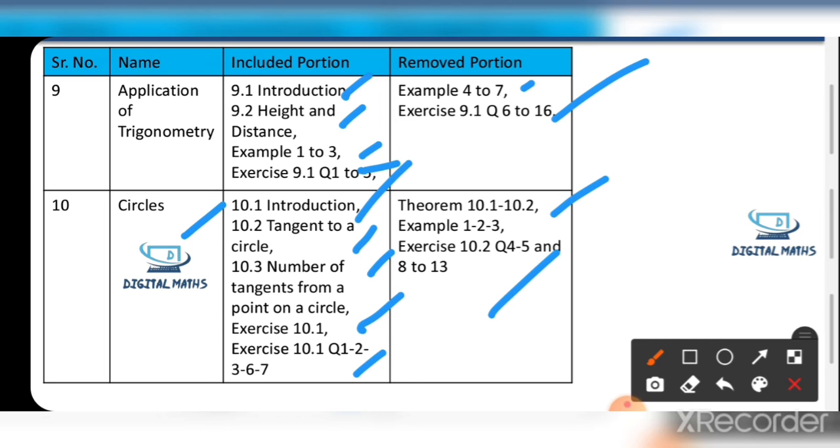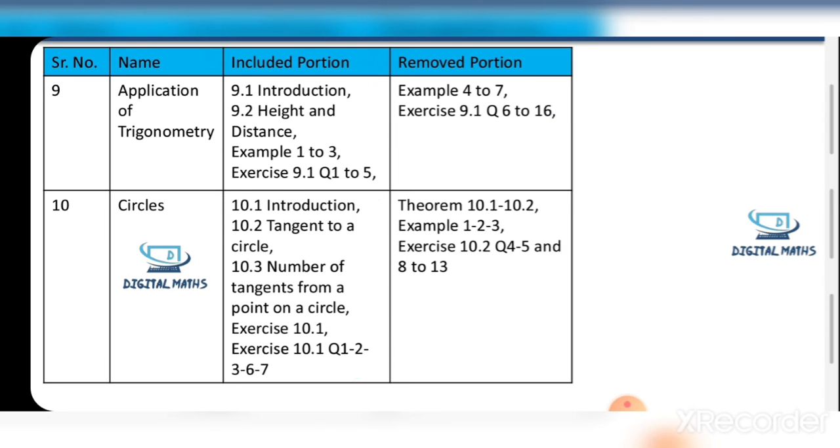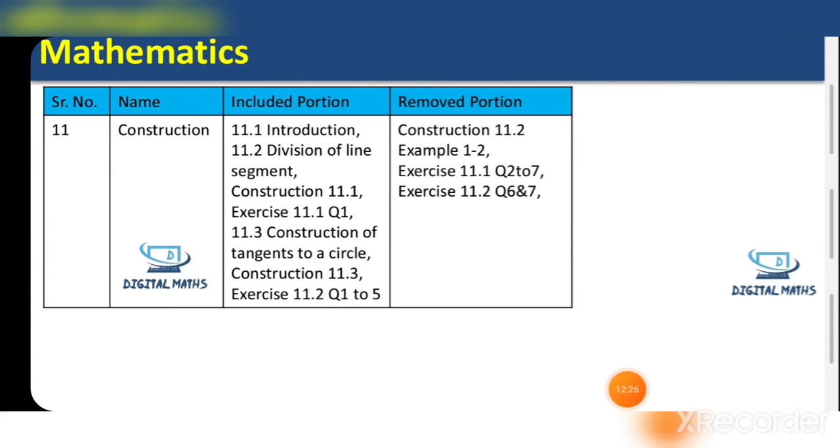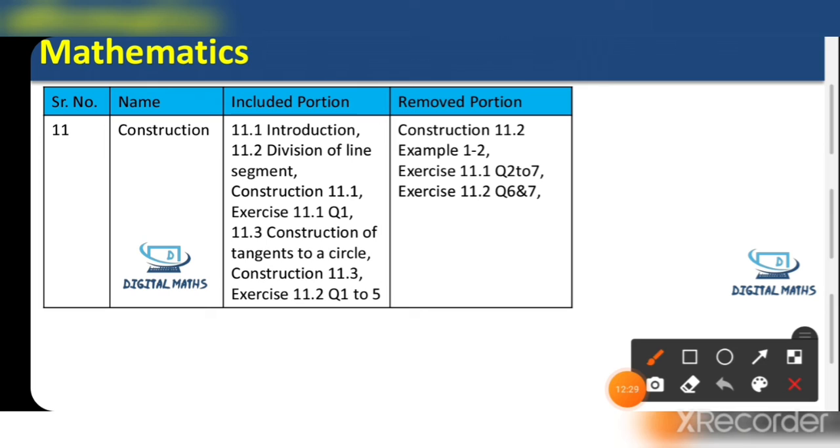Now we have to see in chapter number 11, construction, which is the included portion and which is the removed portion. The included portion is: introduction, division of a line segment, construction 11.1, exercise 11.1, question 1, 11.3, construction of the tangent to a circle, construction 11.3, exercise 11.2, question number 1 to 5.